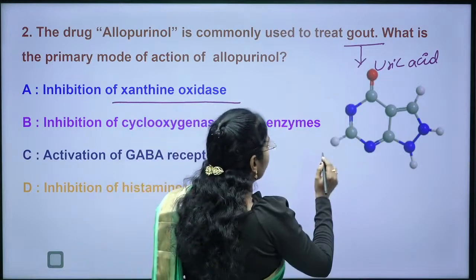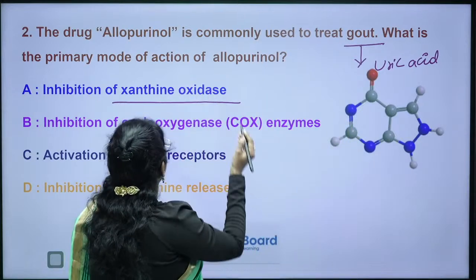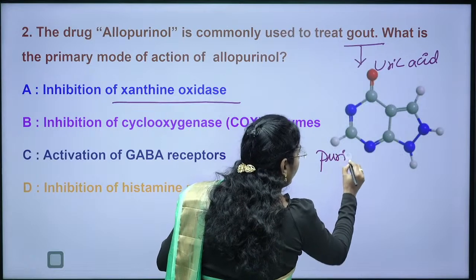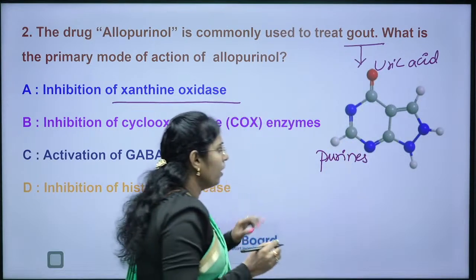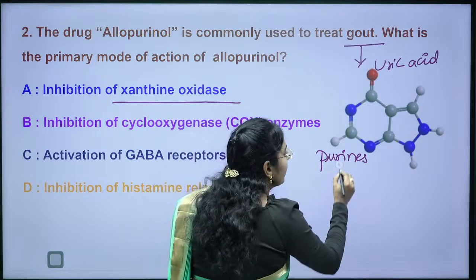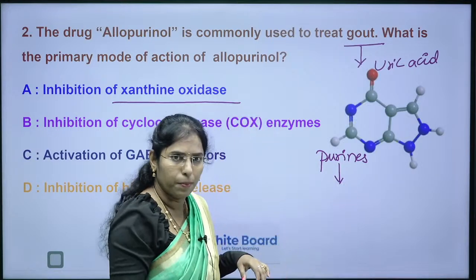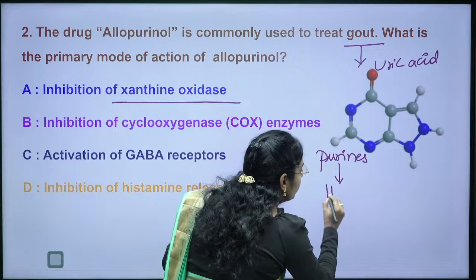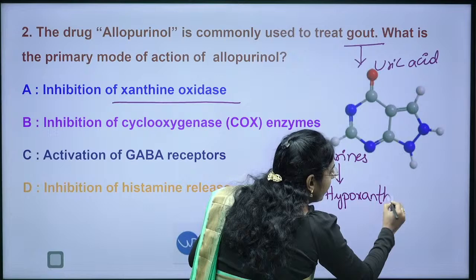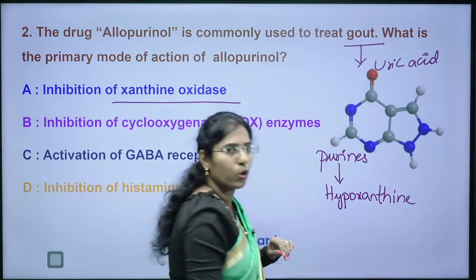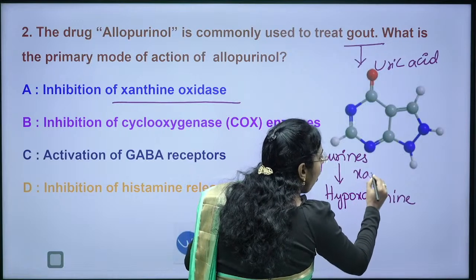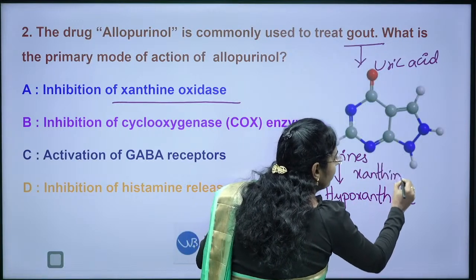Here, the purines obtained by the degradation of nucleotides undergo catabolism to hypoxanthine in the presence of the xanthine oxidase enzyme.